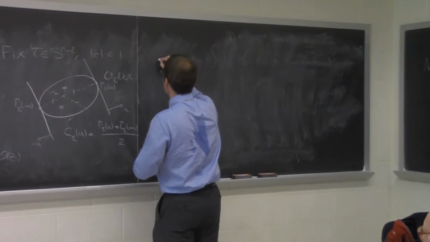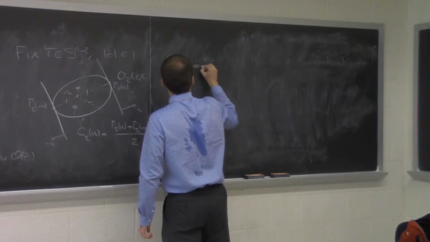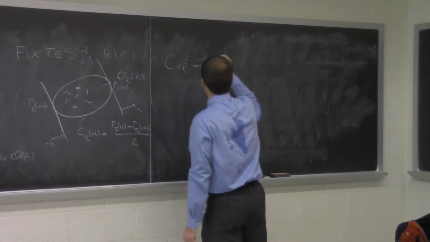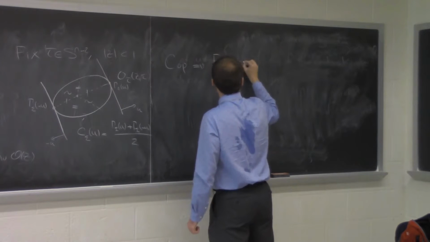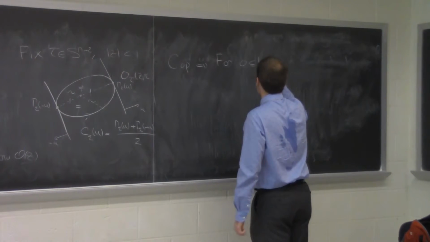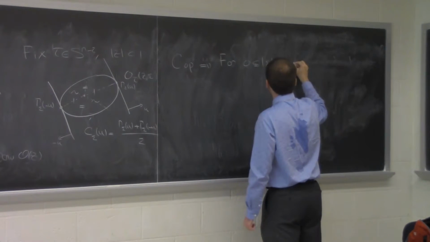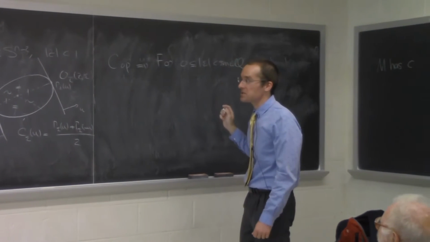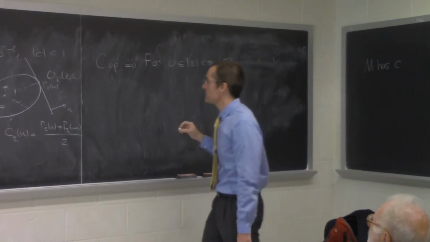So let me write it. So COP means, after I fix tau and z, for epsilon small enough, including at 0, that the centrix is constant, right?